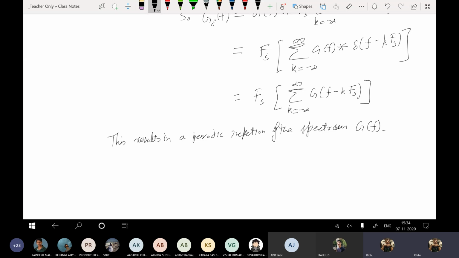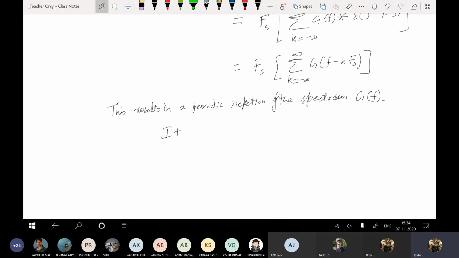Fine. And so, I'm just drawing the amplitude spectrum because this is the best way to illustrate this.